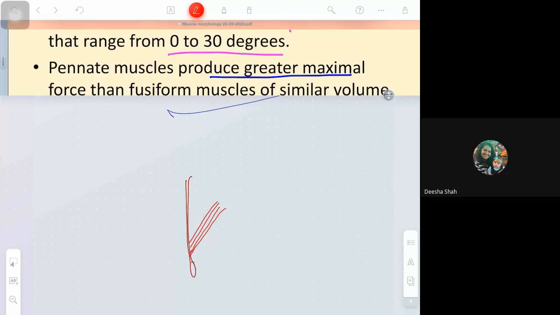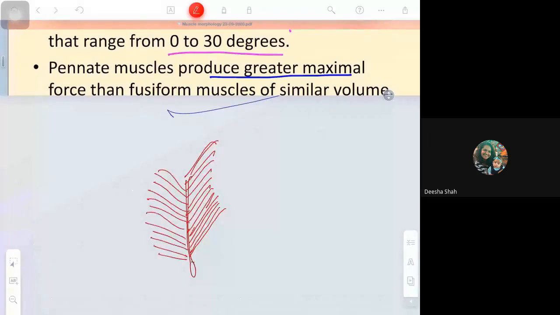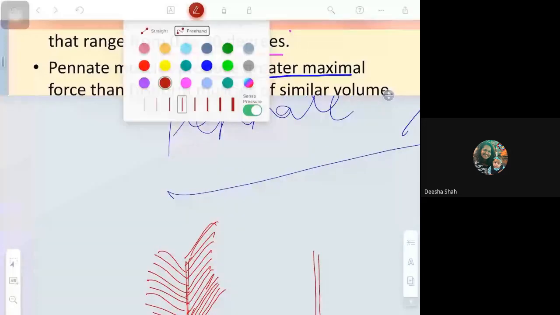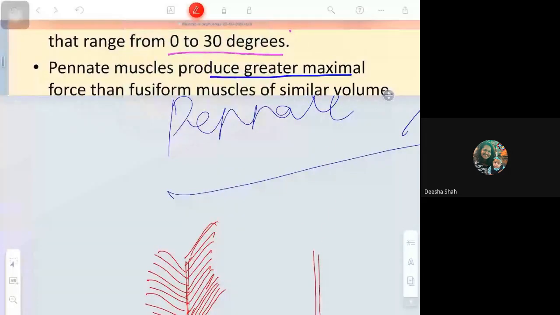Throughout the tendon, the fiber can be inserted. Clear? But in case of fusiform, only fewer fibers can be attached.